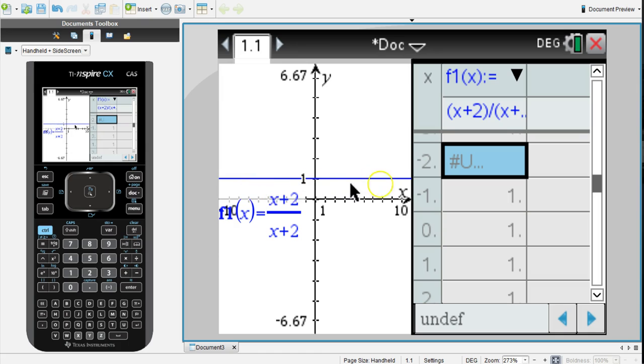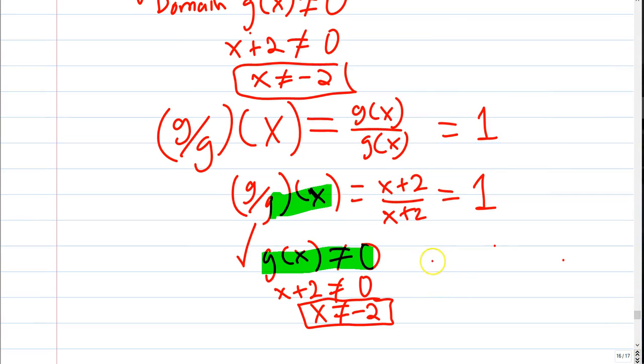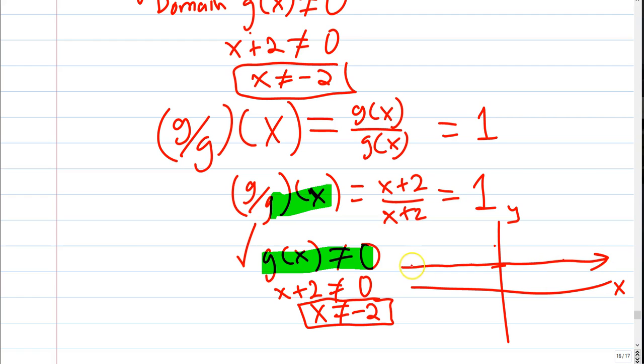Even though it simplifies to a 1, there's an original restriction that says that x cannot equal negative 2. There's a hole right there at negative 2. This graph would literally be a line at 1, except at negative 2 there would be a gaping hole because x cannot equal negative 2.